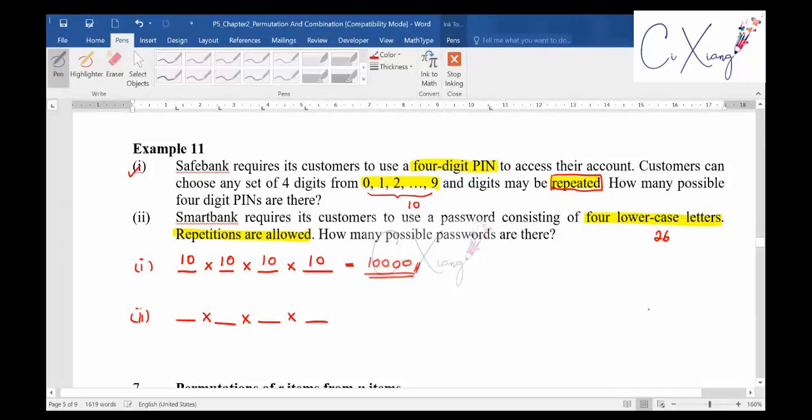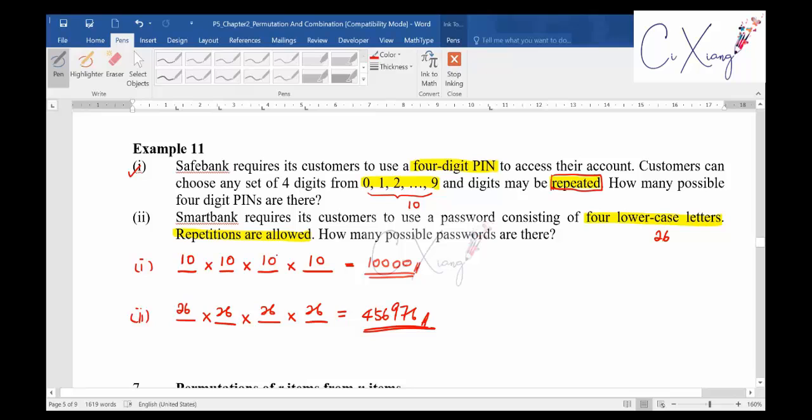We have 26, right? So the possible passwords available are 26 multiplied by 26 multiplied by 26 multiplied by 26. So you have 456,976. This is what we have for example 11.